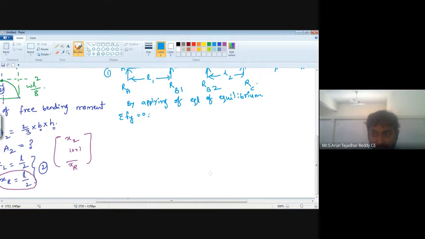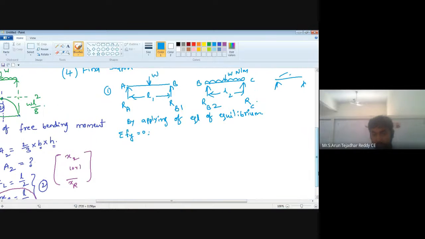My conditions are, all upward forces are taken positive, all downward forces are taken negative. Here RA and RB1 are in the upward direction, so I can write RA plus RB1. Now W is acting in the downward direction, so I can write minus W.